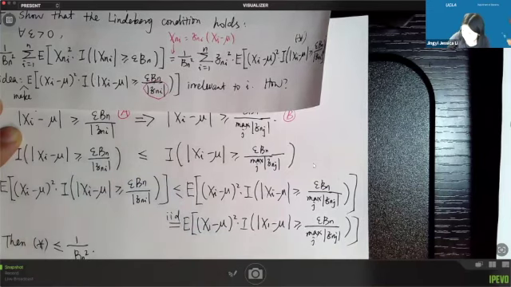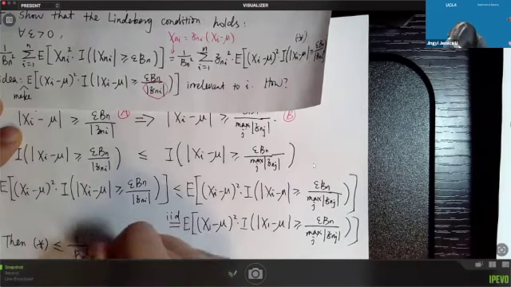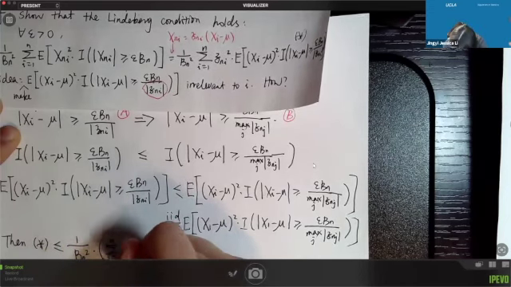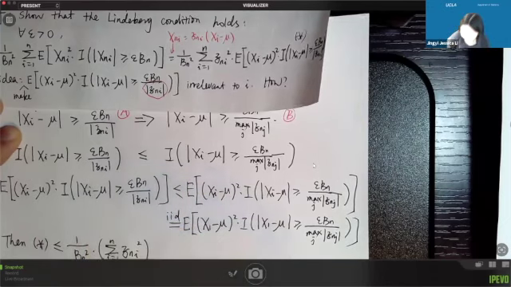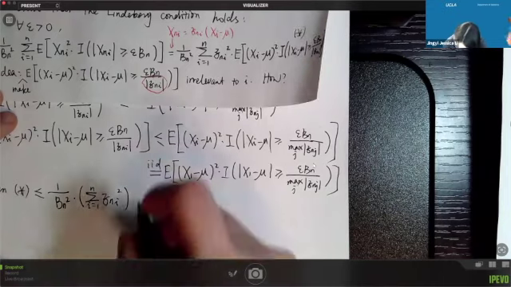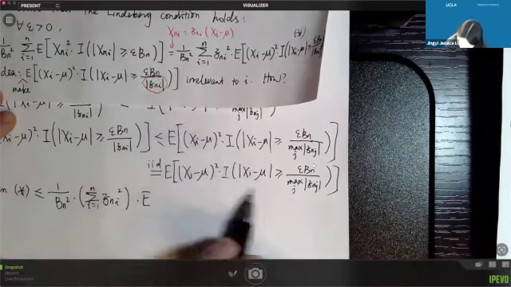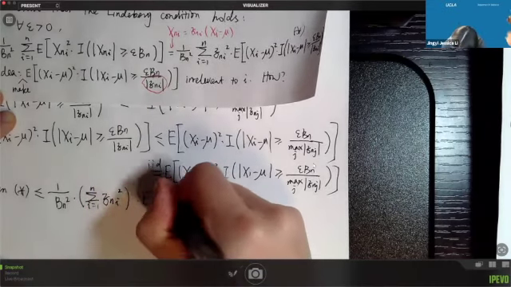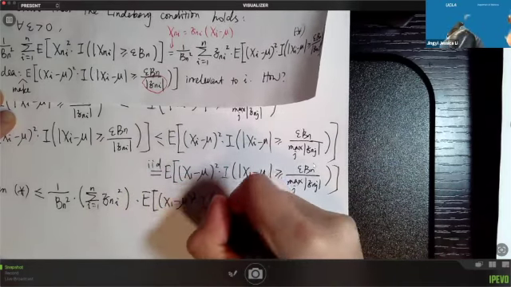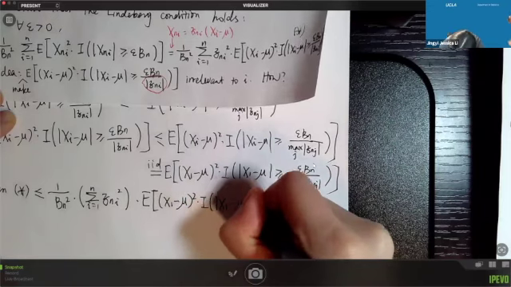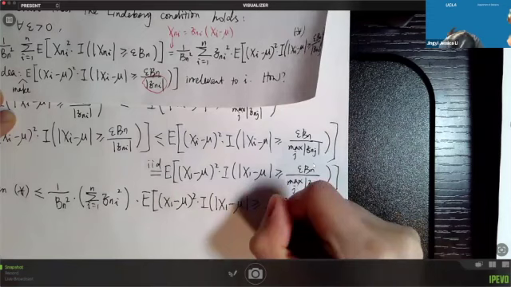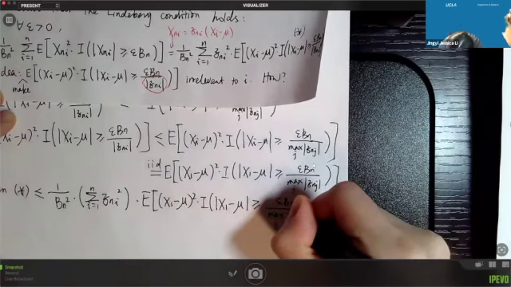I get this term outside of the expectation. So the expectation becomes sum over i from 1 to n of z_{n,i} squared, then multiplies the expectation of (x_1 minus mu) squared times the indicator of x_1 minus mu greater or equal than epsilon b_n over max_j z_{n,j}.